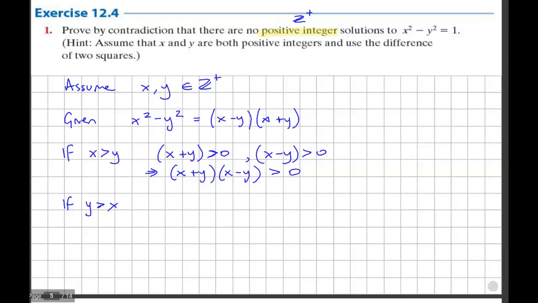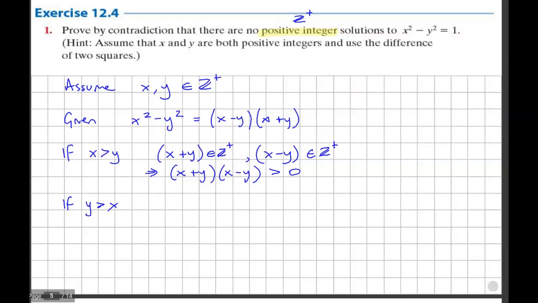More specifically, x plus y is not only greater than 0, but if x and y are integers, it's going to be a positive integer. The same goes for x minus y: not only is it positive, but if x and y are integers, the subtraction of a smaller number from a bigger number is still going to be a positive integer.